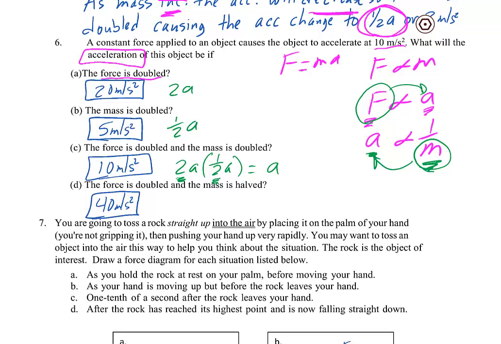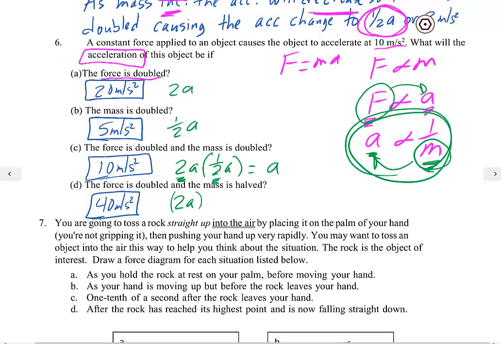Part D, the force is doubled and the mass is halved. Same idea. If the force is doubled, because it's proportional to acceleration, that would double the acceleration. And if the mass is halved, using that relationship, that would also leave us twice the acceleration.